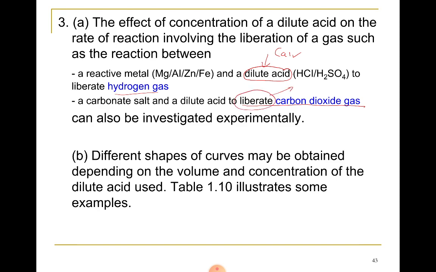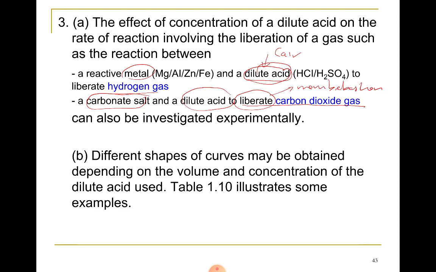Liberate ni maksudnya membebaskan carbon dioxide. Can also be investigated experimentally. Maksudnya di sini kita boleh menentukan the rate of reaction is faster or slower by doing the experiment between the metals and acid, also the carbonate salt and acid.